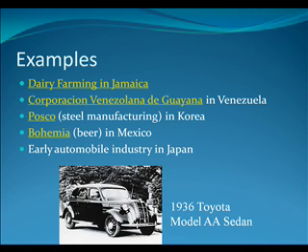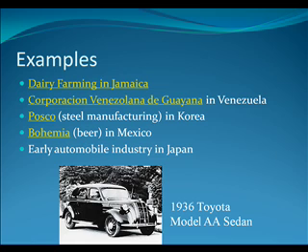POSCO, a steel manufacturer in Korea, is a state enterprise created to increase the production of steel in Korea so that other industries would have a domestic source. In Mexico, beer manufacturers like Bohemia and Dos Equis often receive some benefits in the form of higher tariffs against foreign beers.